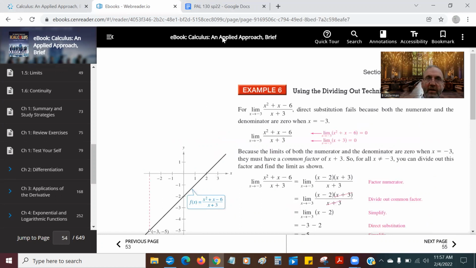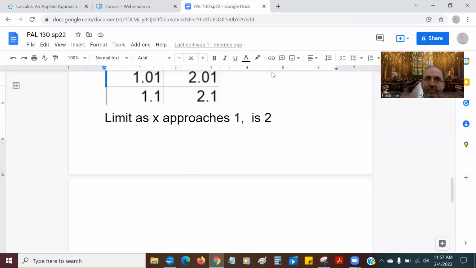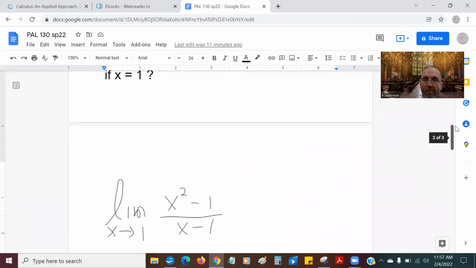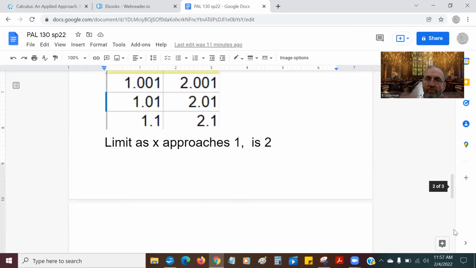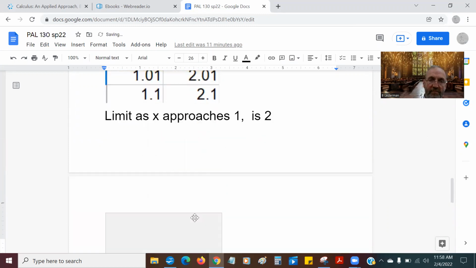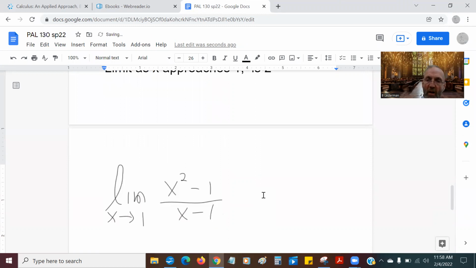I just want to go back here. So we had that case right there. What I could do here is factor x squared minus 1.